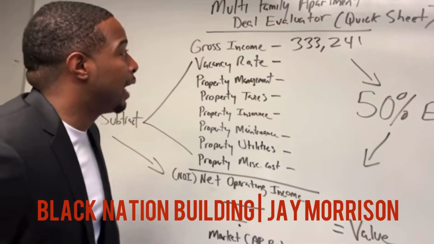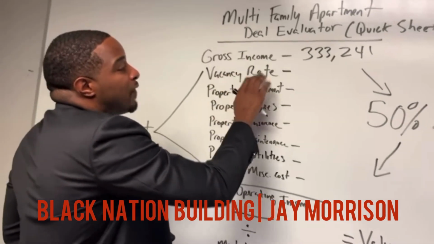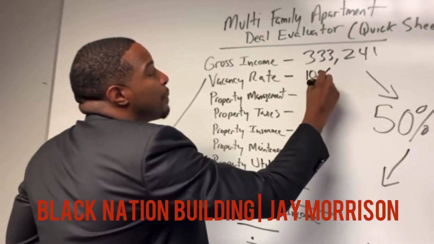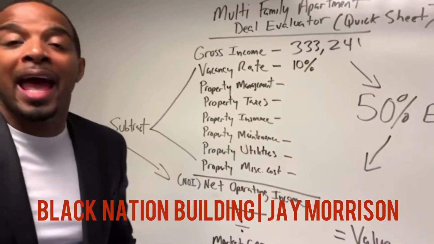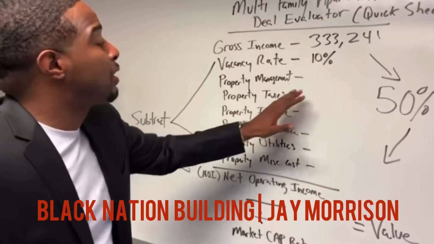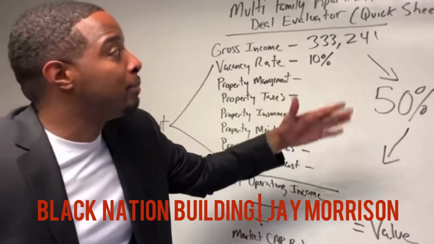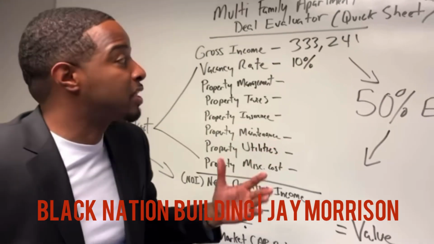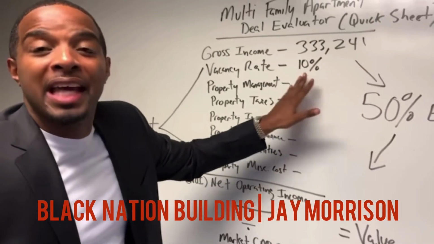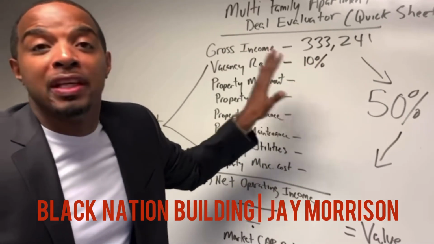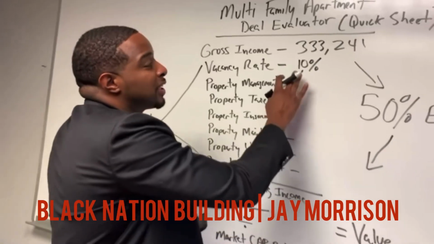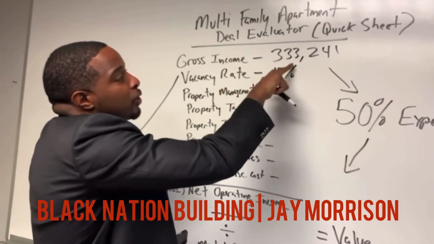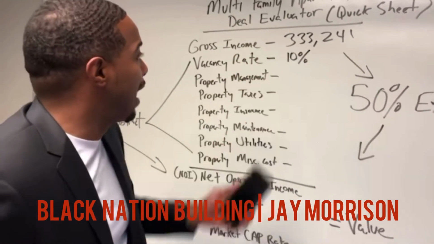Now, if we look at our vacancy rate, we'll typically use 10%. In some cases, you look at the actual numbers and the vacancy rate could be higher or lower. It might only be 3%, and that means it's rented the majority of the time. The vacancy rate is how often the units are actually vacant. So we'll say 10% of the time, so we would take off 10% of this number, which is about $33,000.